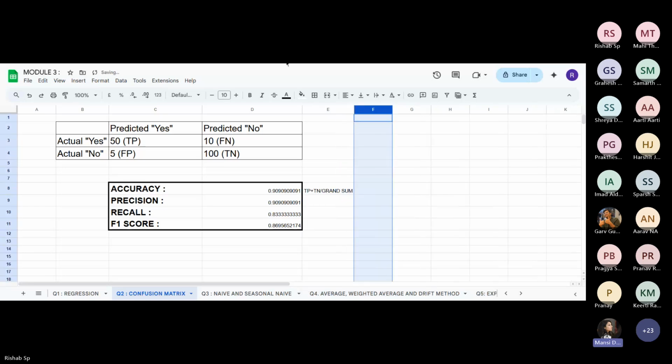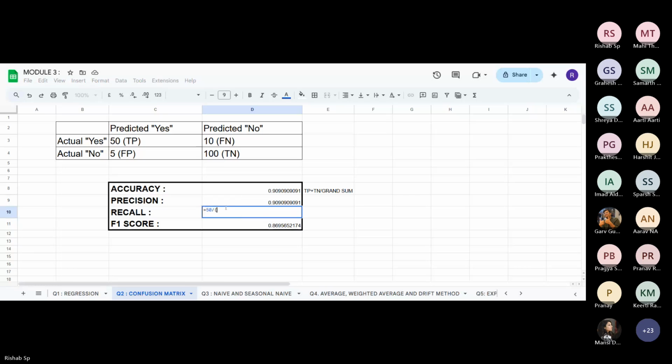For recall, I think it will be 0.333. Which one? Recall. So for recall, the equation is 50 divided by 50 plus 10. The first row, right? Yes, first row.